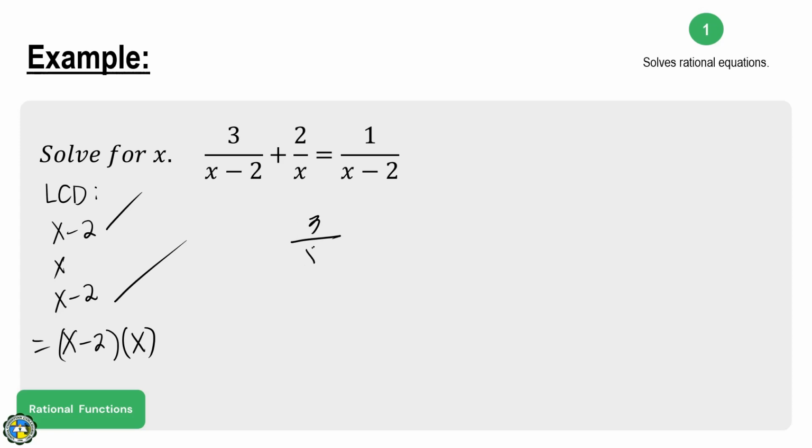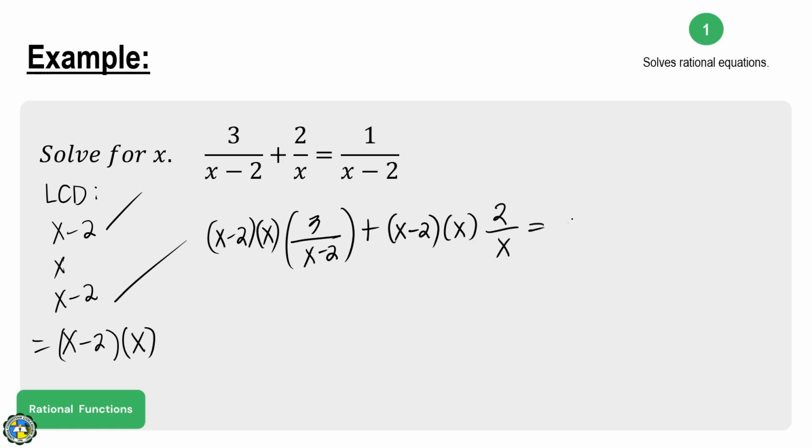So, 3 all over x minus 2, mumultiply natin kay x minus 2 at kay x. Plus, again, multiply the LCD for each term equals x minus 2 times x multiply to 1 over x minus 2. And then, let's simplify.